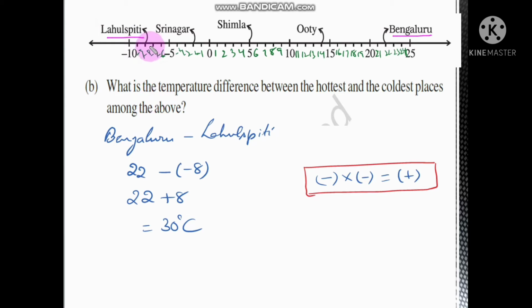What is the temperature over there? It is -8 degrees centigrade. So 22 minus of -8, because we need to find the difference. Minus into minus is plus. So 22 plus 8 we get 30 degrees centigrade. Understood children?